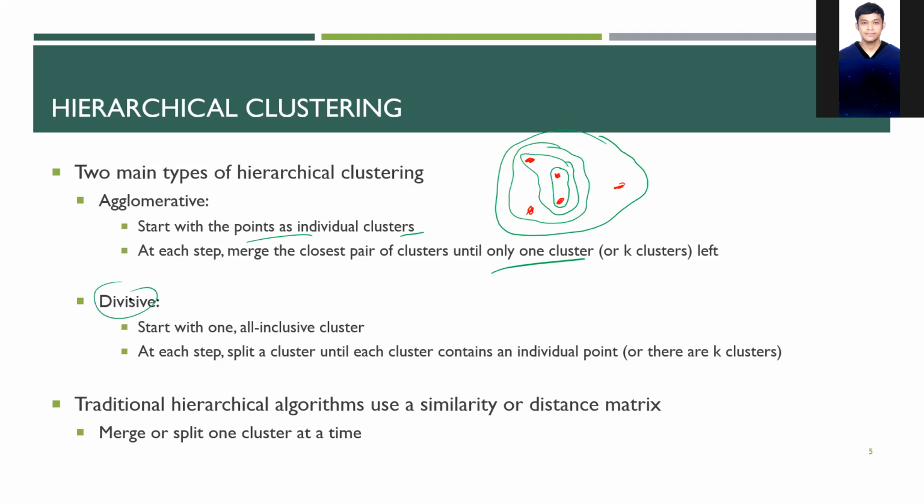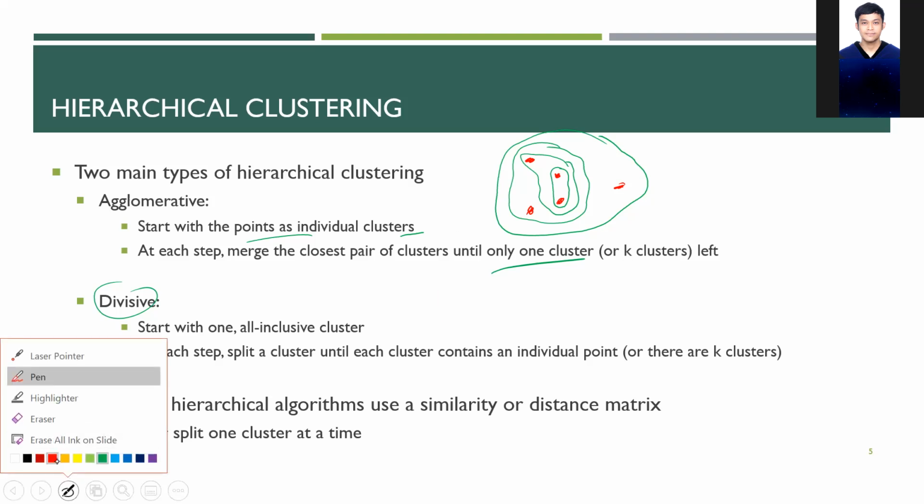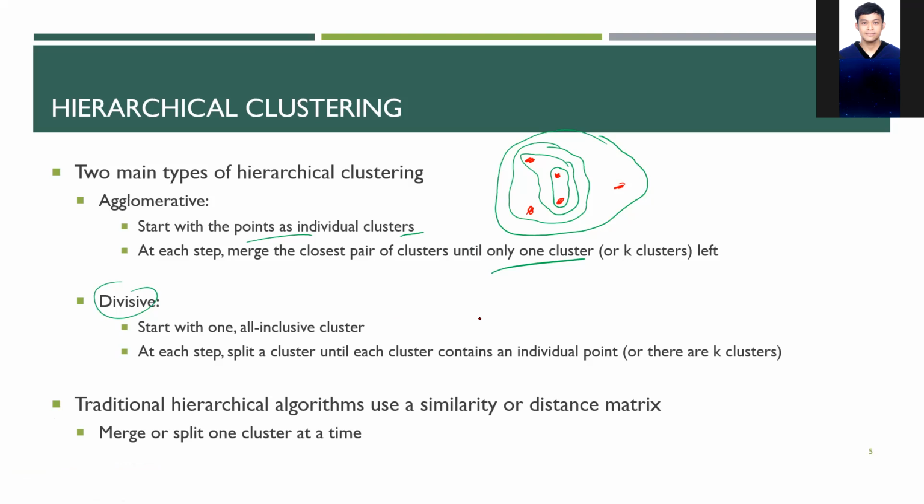Divisive is the inverse of the agglomerative. So we start from one cluster. In divisive, all data points belong to one cluster, like this. Then at each step we split the cluster.